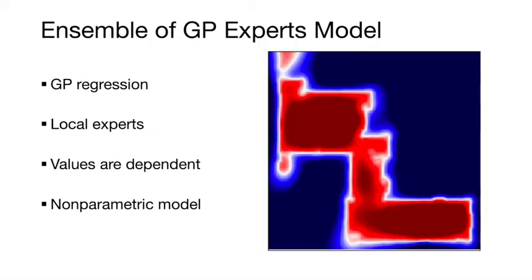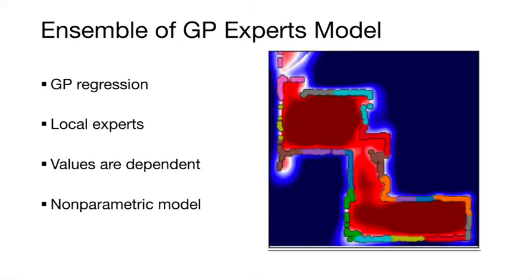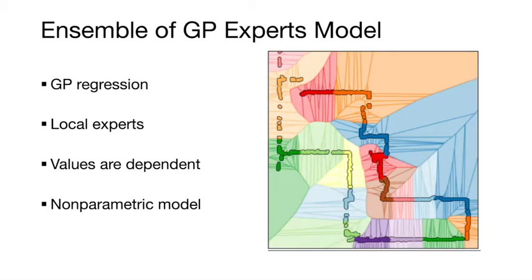In comparison, we are proposing an ensemble of Gaussian process experts. That means that we are using Gaussian process regression to estimate the signed distance field continuously, without a fixed resolution as in the grid cell model. We are splitting up the environment into local areas for local Gaussian process experts, which are responsible for their local area.